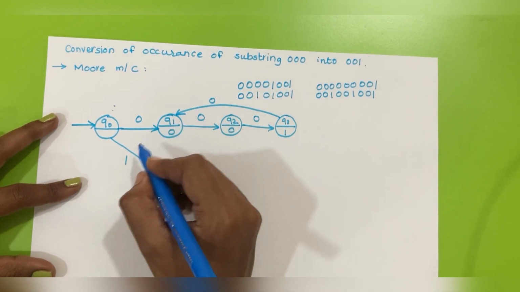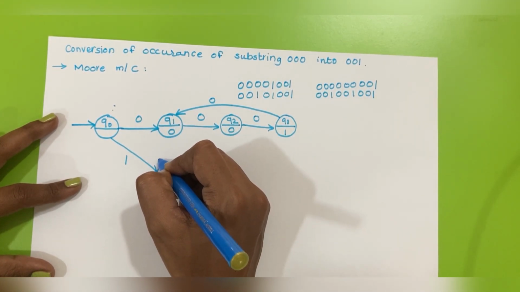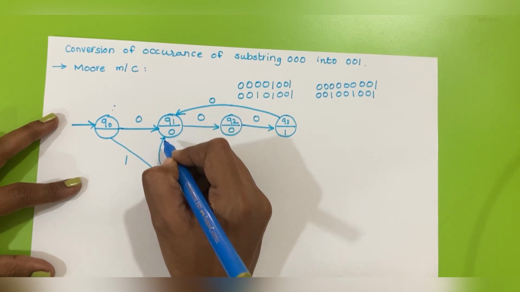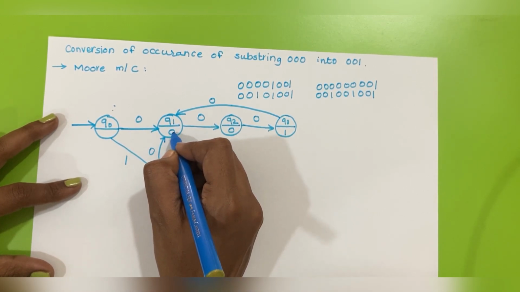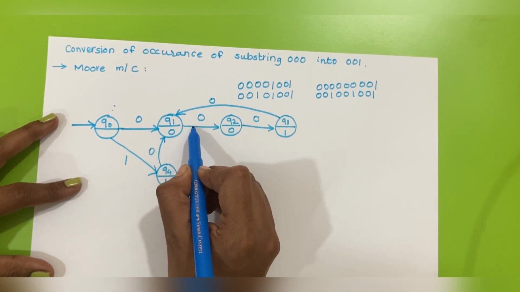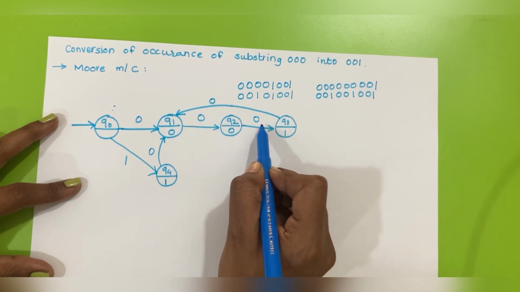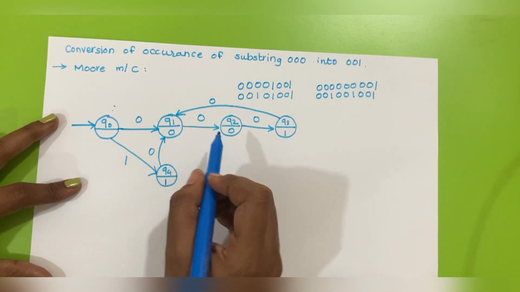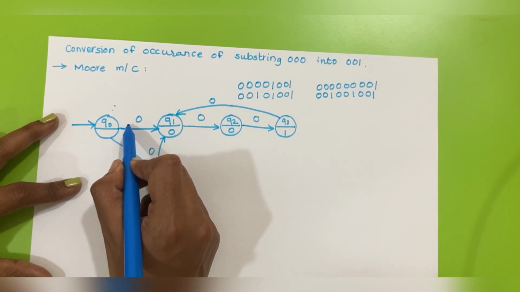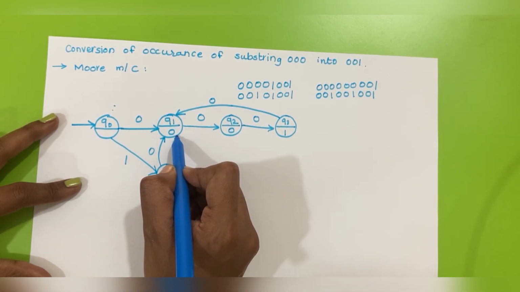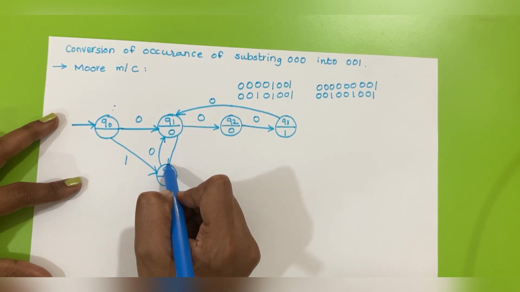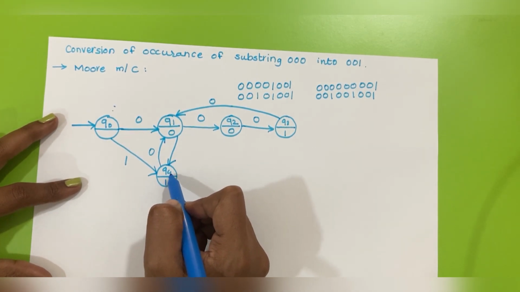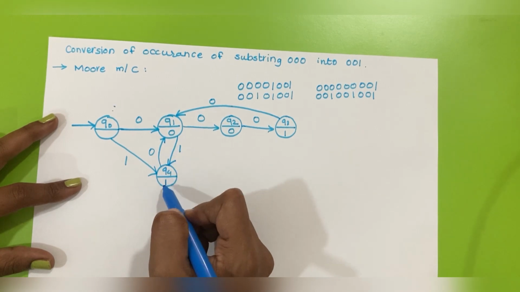If after this 1 we have a 0 transition, then it will go here, and this 0 will be converted into 0, and after that if two consecutive zeros are there, then the last 0 will be converted to 1. Suppose after this 0, if we have any transition for 1, then it will go to state Q4 again, and 1 will be converted to 1.